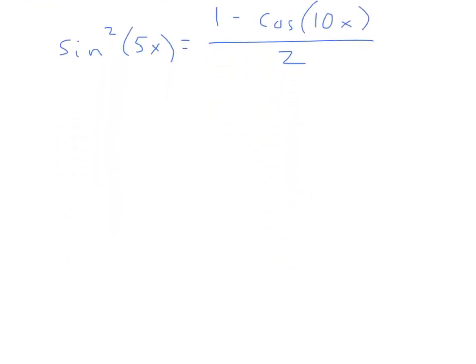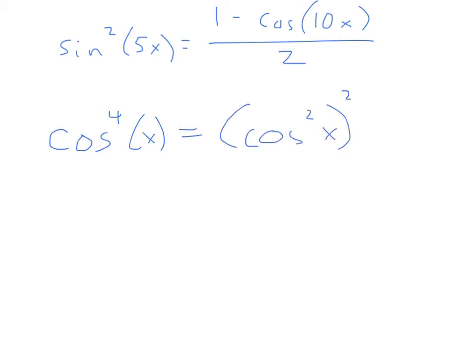One other way these problems can get a little bit crazier is what if you have something like cosine to the 4th of x? Can this method be used? And the answer is sort of. We have to think of cosine to the 4th as cosine squared x, squared. We'll have to look at that as 1 plus cosine 2x over 2, squared.